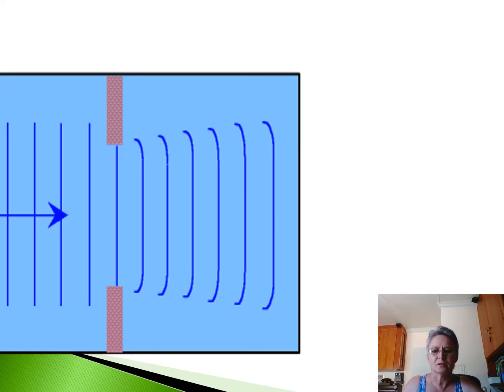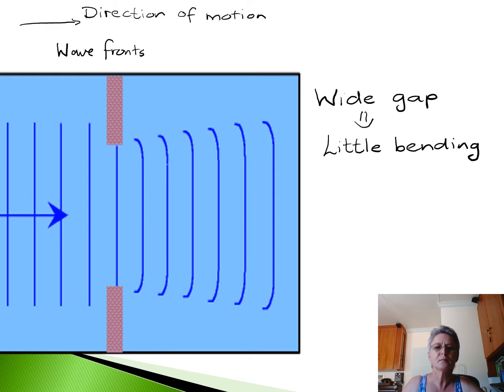So this is just a stationary diagram showing the gap between the obstacles in the path of the wave is much bigger than the wavelength, so you have very little bending around the edge of the obstacle. So the waves are moving towards the right, and you've got a wide gap, so very little bending takes place.